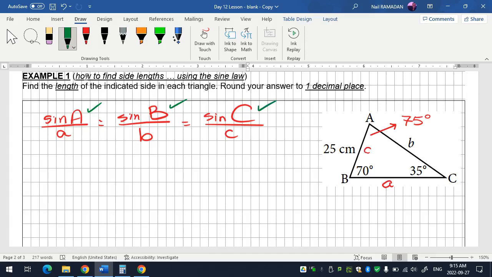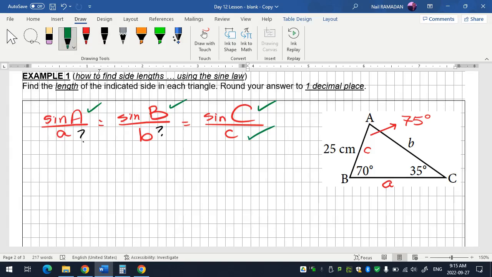No, you don't. So question mark. Do you know length b? No. Question mark. Do you know length c? It's 25 centimeters. Check. Do you have a good fraction out of all of these three? Yes, you do. It's the C fraction because it's fully known.